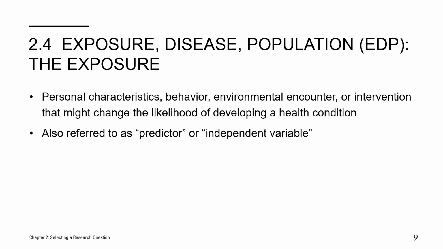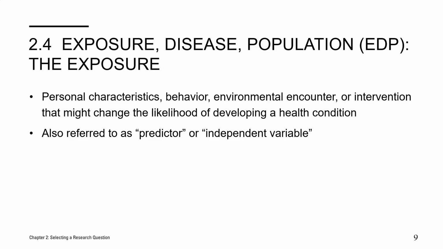And so what is that exposure? That exposure is a personal characteristic, a behavior, an environmental encounter, or an intervention that might change the likelihood of developing a health condition. This is often called the predictor, or as I just mentioned, the independent variable.